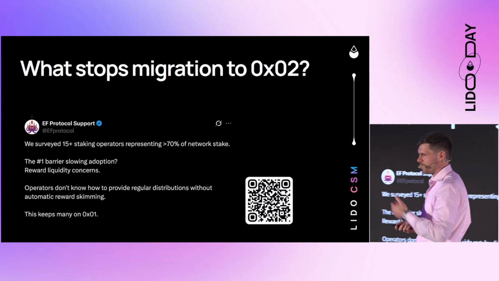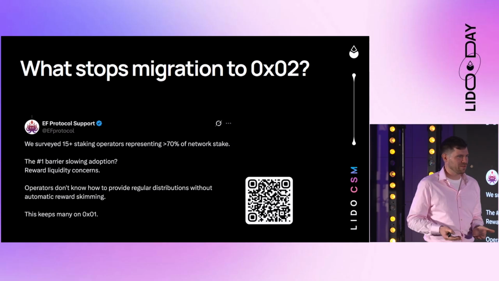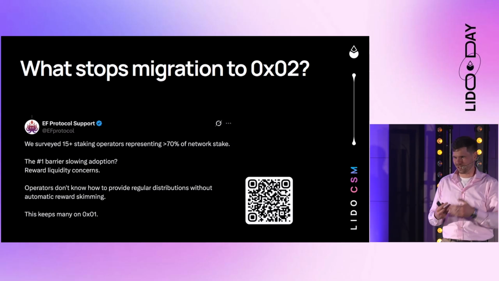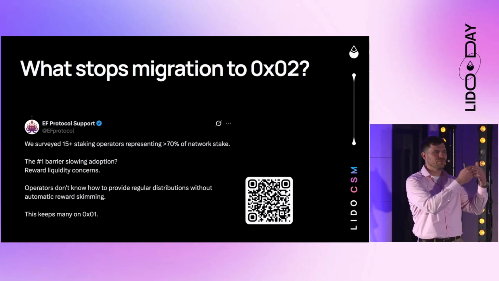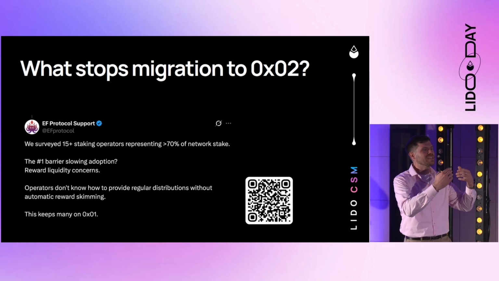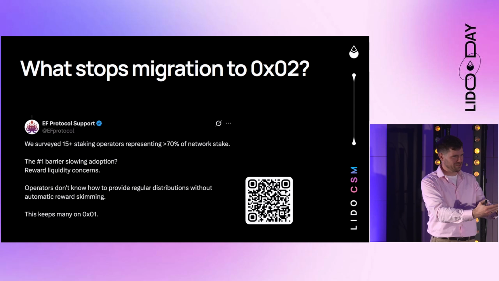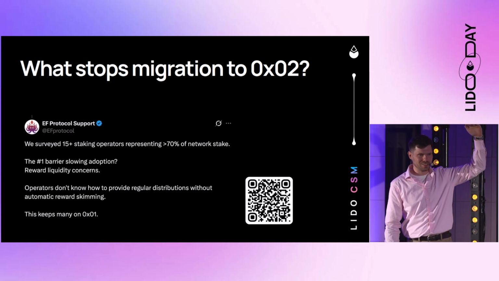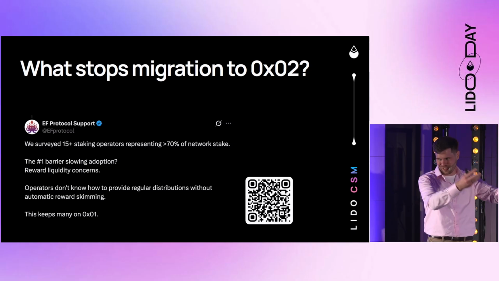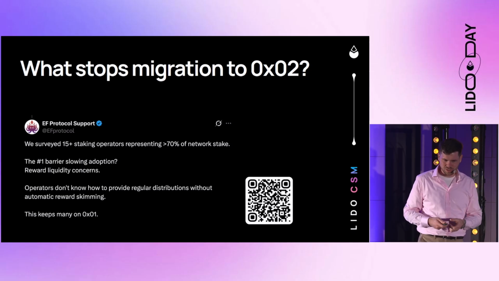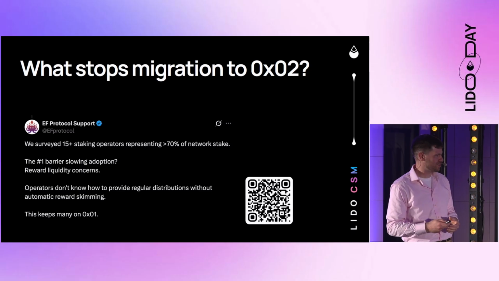So this thing that we mentioned before, that with 0x01 validators, you frequently get your rewards on the execution layer withdrawal credentials, so you can serve redemptions, so you can do whatever you want. These rewards are not locked under your validator. While with 0x02, you have to accumulate balance up to 2K, and only after that your rewards are liquid. So I don't see major reasons not to trust Ethereum researchers.